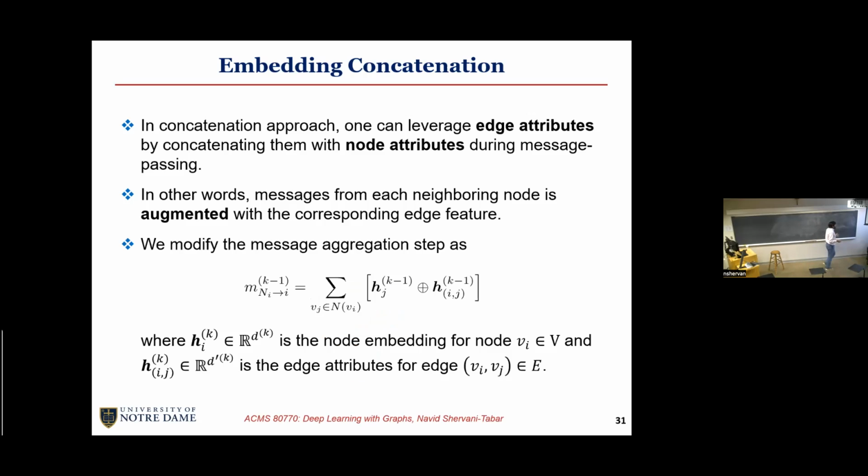Now we can write that as a concatenation. Let's define h_i to be my k-dimensional real-valued vector for the embedding of node v_i. Then I define a d'-dimensional real-valued vector h_ij for the embedding of the edge that connects nodes v_i and v_j together.